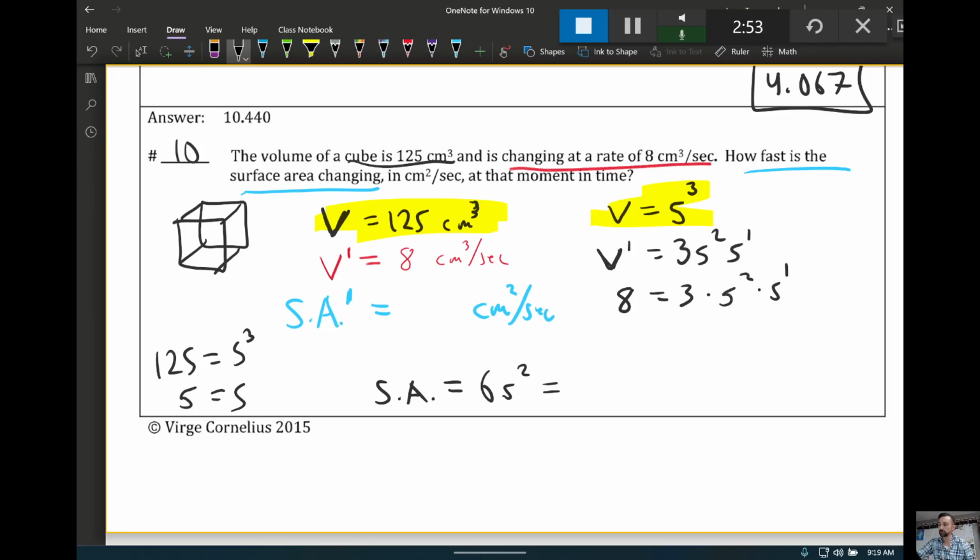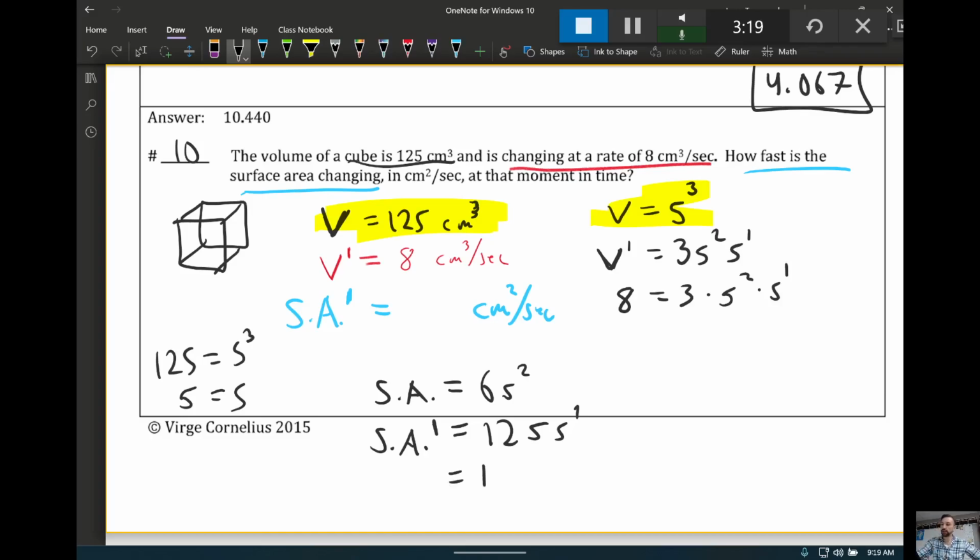This would be 5 squared. This would be 6 times. Yeah, but I don't really care about the surface area. I care about the rate of the surface area. So if I take the derivative of this side with respect to time, and then take the derivative of this side with respect to time, here's where my answer is going to come from.